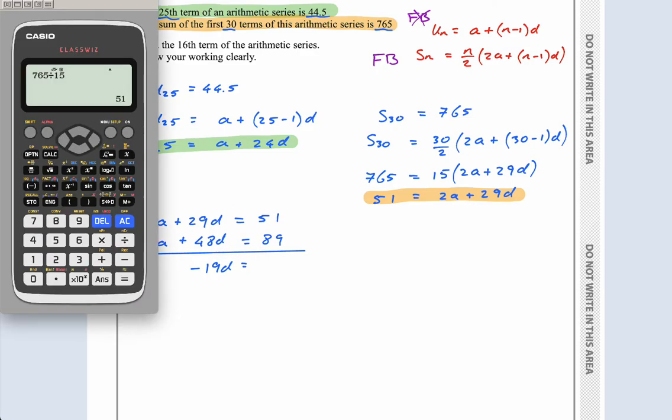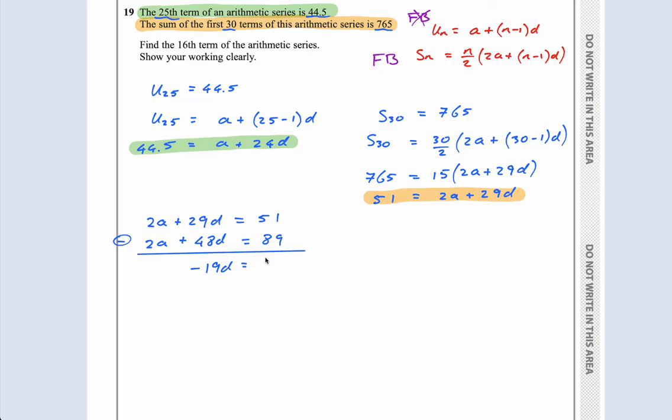Sorry, I'm just going to use my calculator, guys. 51 minus 89 is minus 38, which is quite nice, guys, because I'm going to get d is negative 38 over negative 19, which is 2. So now I have my d.